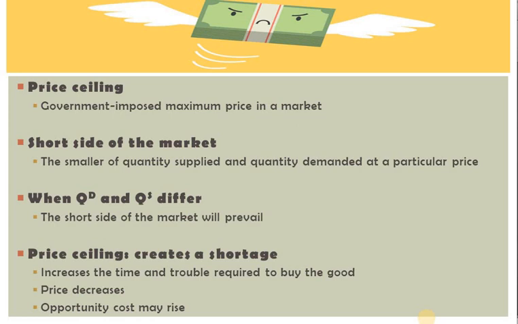Ano nangyayari? Nagkaroon kasi si government ng price, hanggang dito lang ako. So dahil hanggang dito lang ako, paano pumapasok si shortage, no? Shortage, ibig sabihin lang yan, nagkakaroon ng shortage, is it because dahil may price ceiling, no?